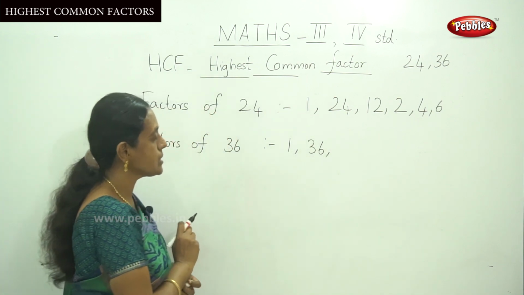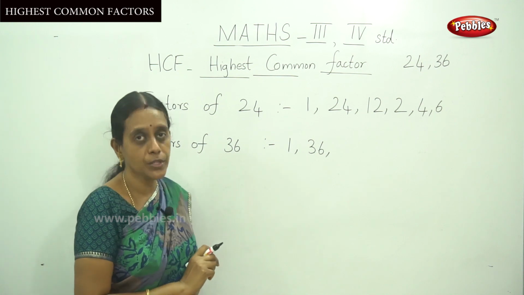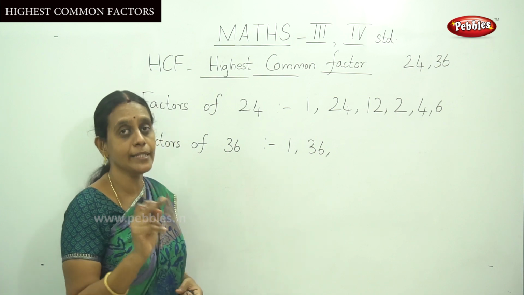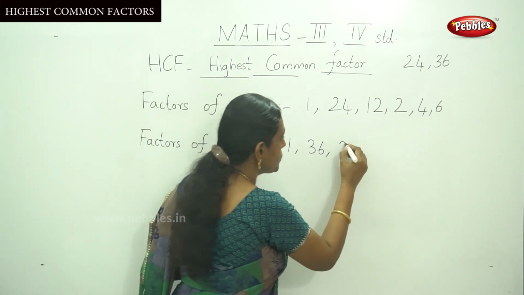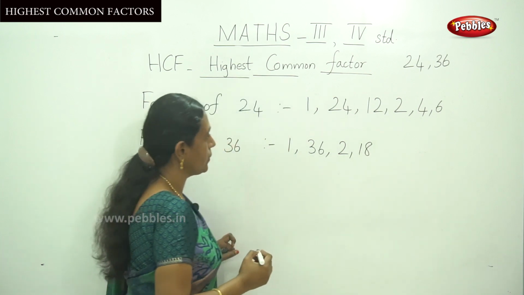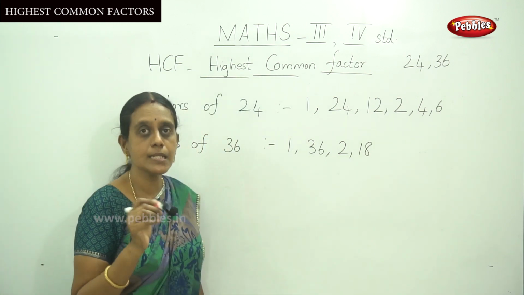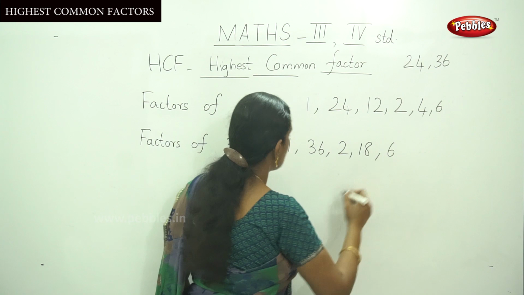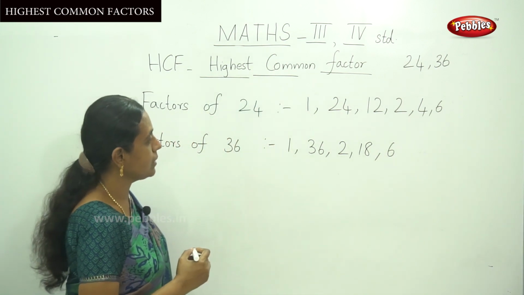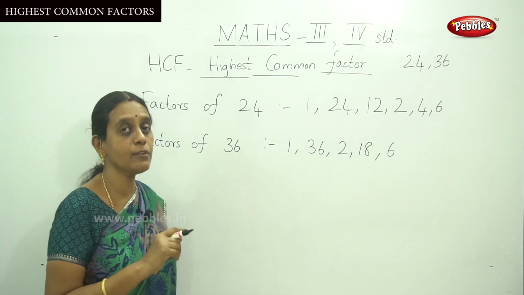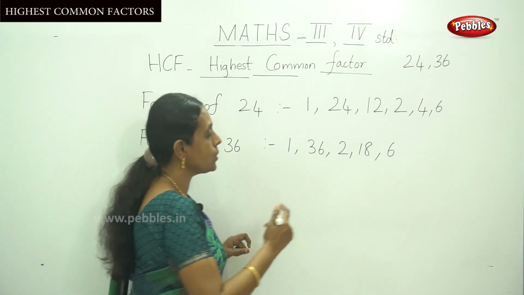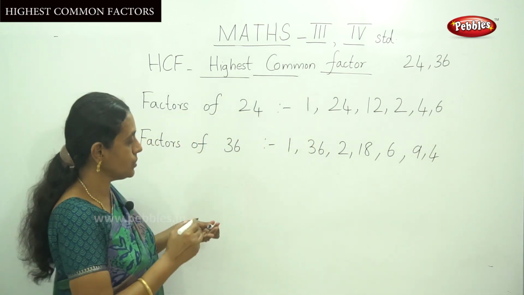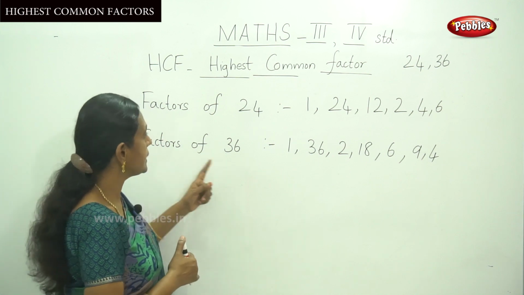Then it comes in the 2 table: 18 twos are 36, so 2 and 18. Next, the 6 table: 6 sixes are 36, so write down 6 also. And the 4 table also: 9 fours are 36, so 9 and 4. So these are the factors of 36.